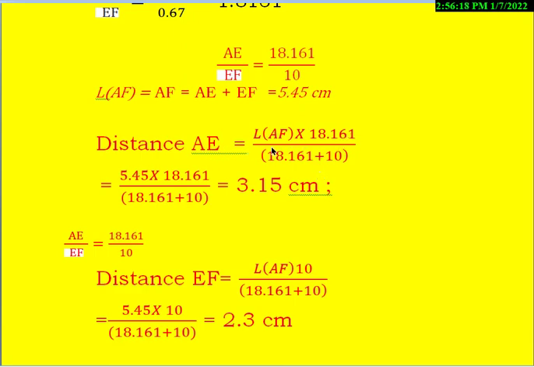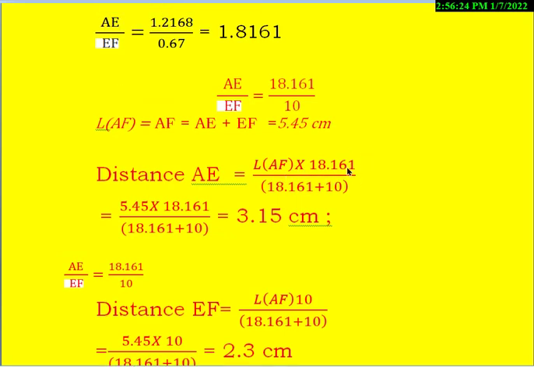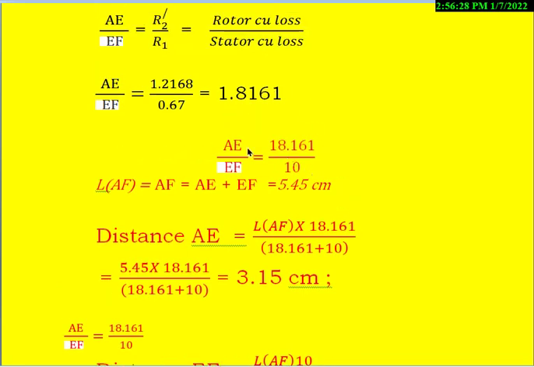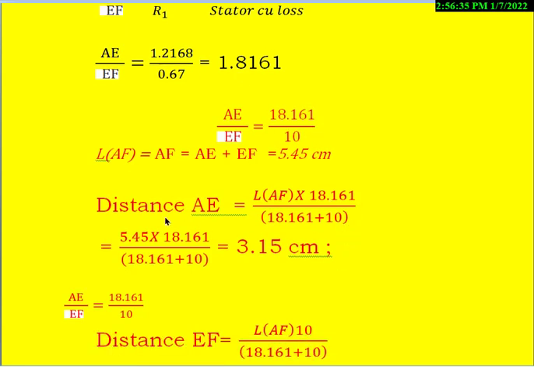So AE is equal to AF distance into 18.161, divided by 18.161 plus 10. Then we get the distance from A to E as 3.15 centimeters.